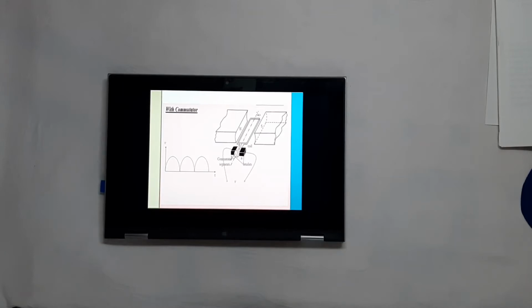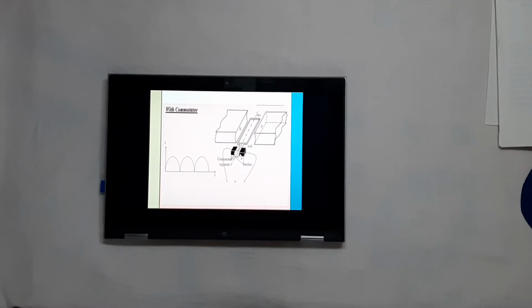Through the commutator, you can see here, when the coil is under the influence of the N pole, the current direction is upward. Under this coil side, it is downwards. Then the total current moves from here to here. These are connected to the commutator segments, whereas these are the two brushes, which are at a stationary position.